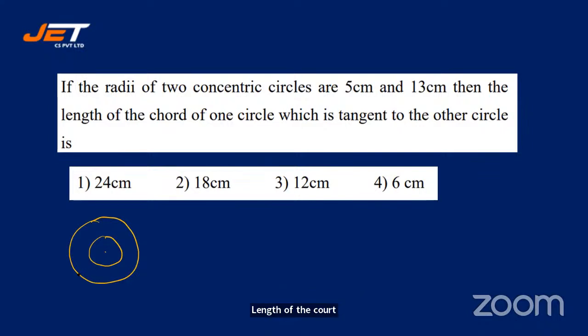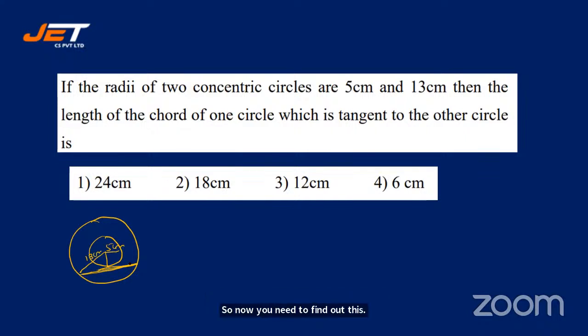So a chord should touch the circle, isn't it? You have a chord here, right? So you just need to find out this, where this is 5 centimeter. This is 13 centimeter. So now you need to find out this, right?